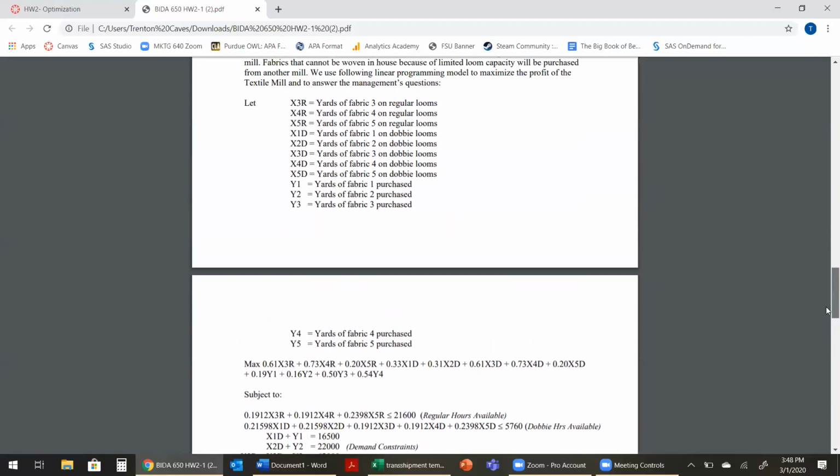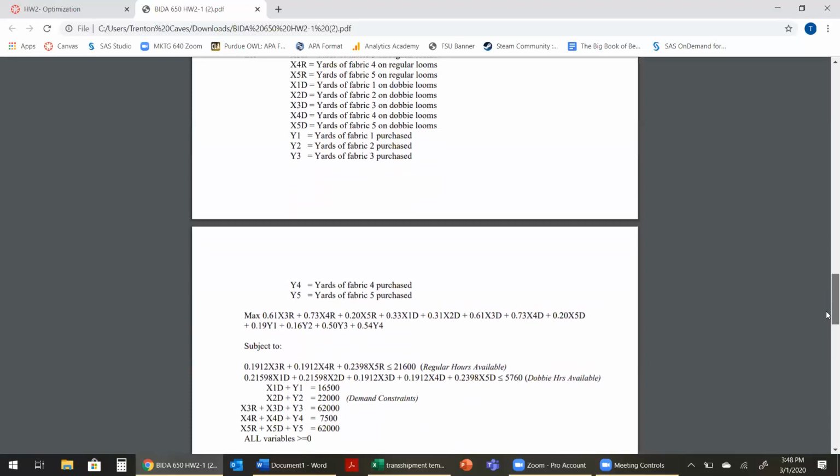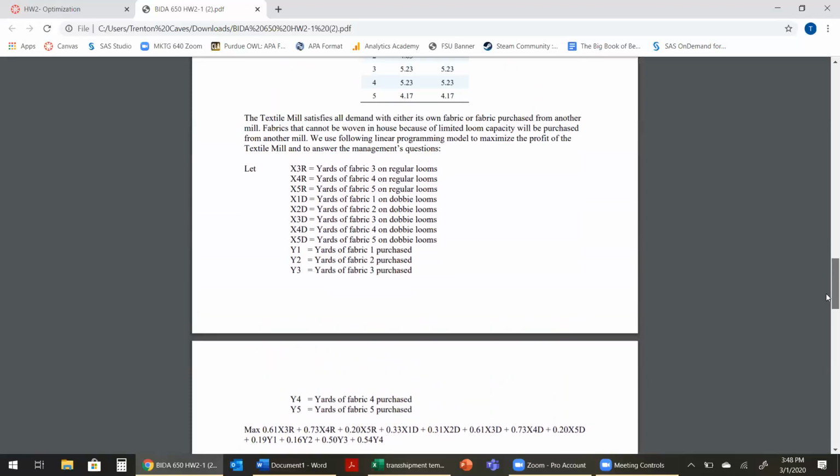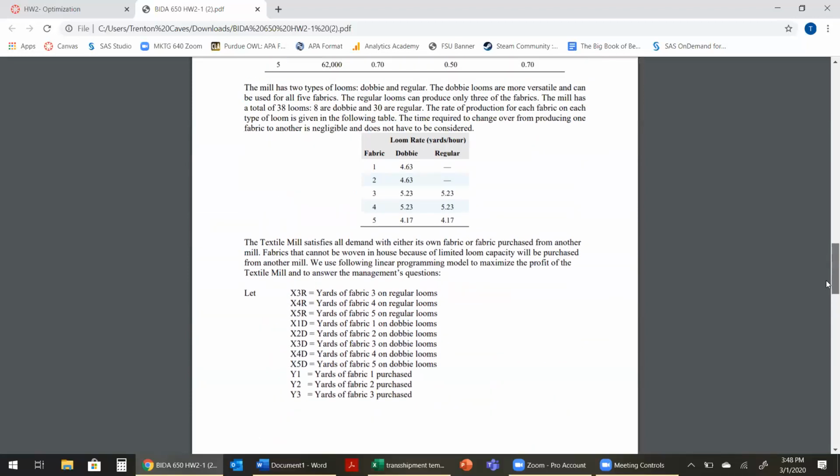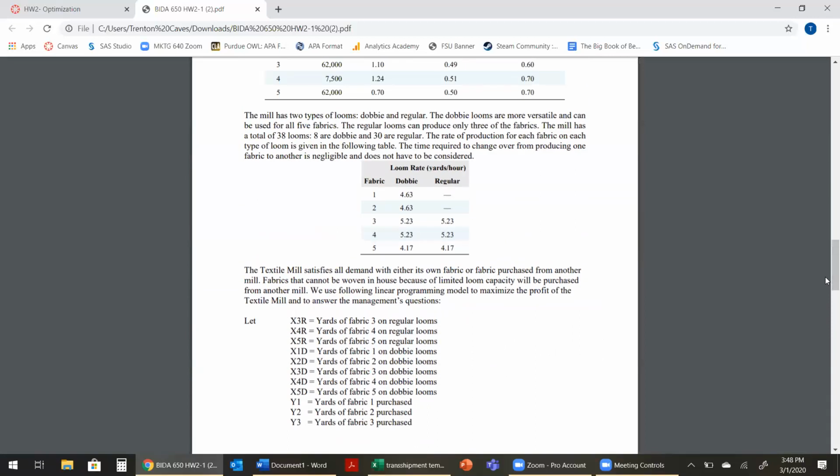And the 21600 comes from this section. Can you guys see when I highlight?